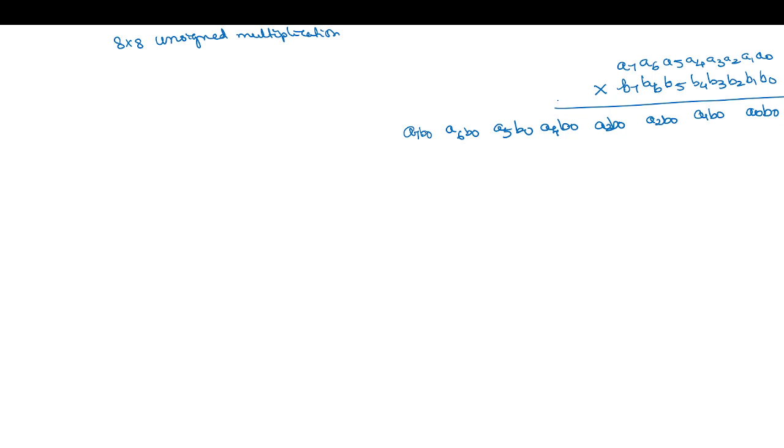Then A0, B1, A1 B1, A2 B1, A3 B1, A4 B1, A5 B1, A6 B1, A7 B1. This way we will get all the partial products. So we need 64 AND gates.